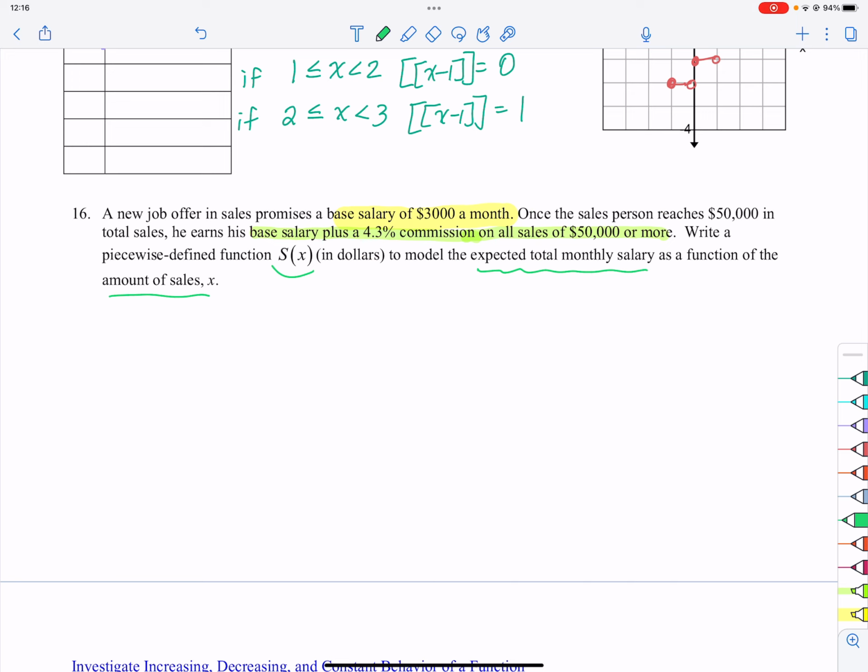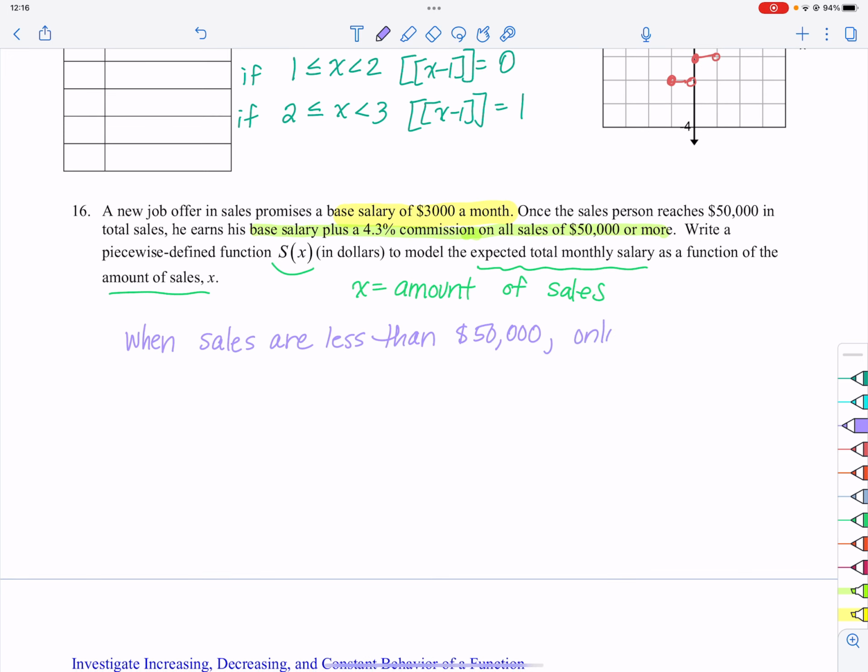So the most important thing is we have X is equal to the amount of sales. So let's note here that when sales are less than $50,000, we only earn the base salary.